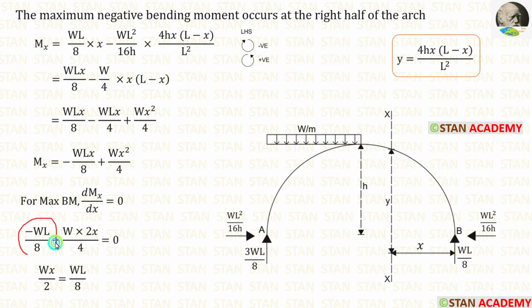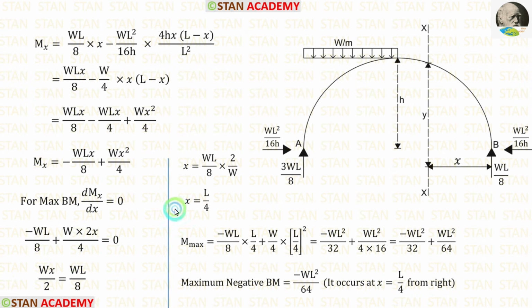We can take minus WL by 8 on the right side, so it will become positive. Finally, we are getting x is equal to L by 4. We can apply the value of x in this equation. After applying, we are getting the maximum negative moment, which is equal to minus WL square by 64. It occurs at x is equal to L by 4 from the right side.